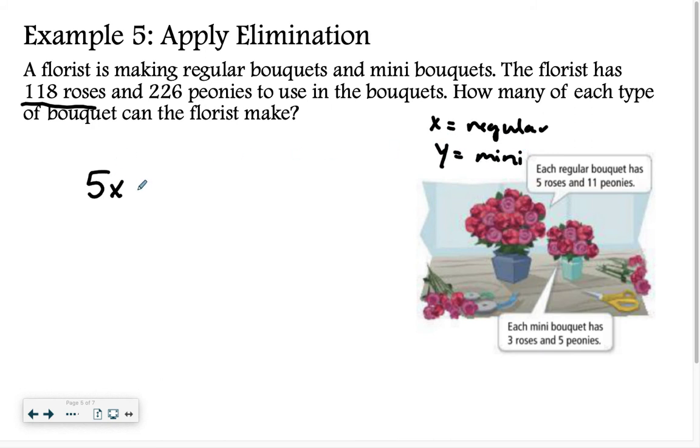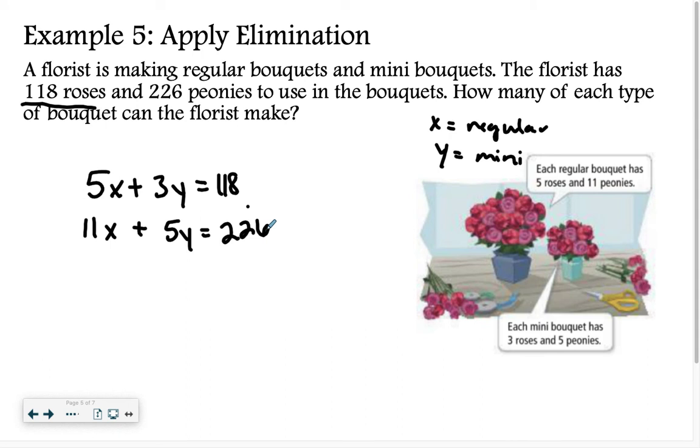So 5x plus 3y, because there are 3 roses in a mini bouquet, equals 118, because that's how many roses I have. Then I'm going to say 11x, because there are 11 peonies in a regular bouquet, plus 5y, because there are 5 peonies in a mini bouquet, equals 226.